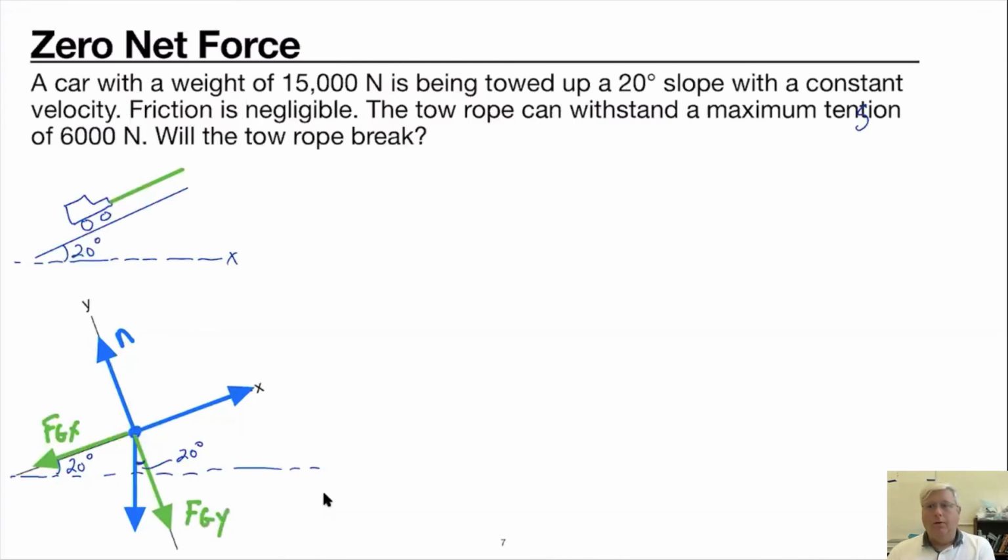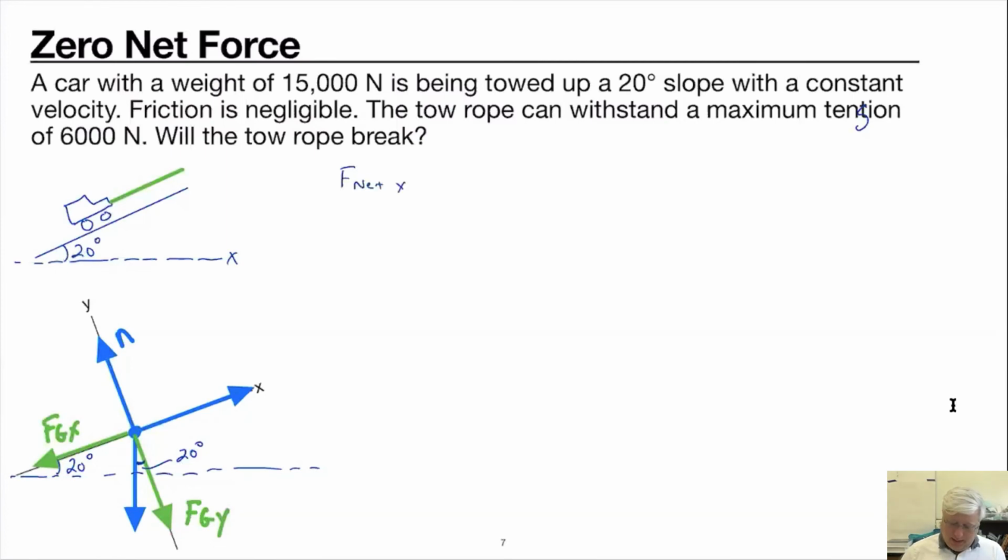All right, so we made our sketch, we made our free body diagram. Well, we know that we're in equilibrium, right? This is actually dynamic equilibrium this time, because we're not at rest, but we are moving at a constant velocity. But it still means that the net force is 0. And so we can find the x and y components of the net force.